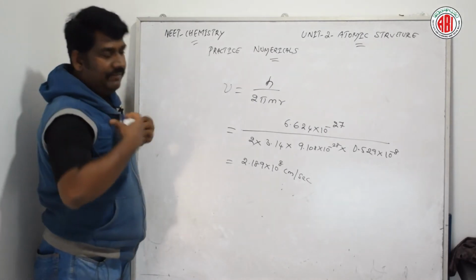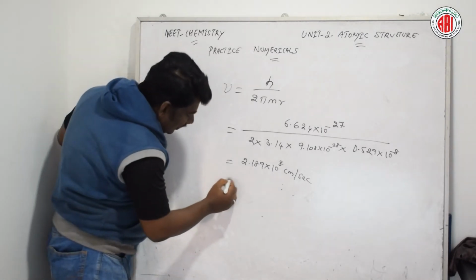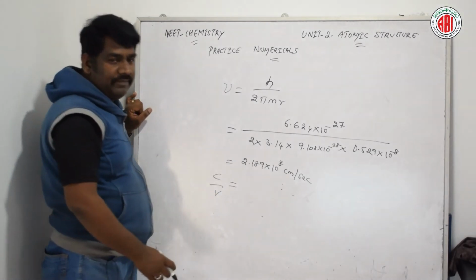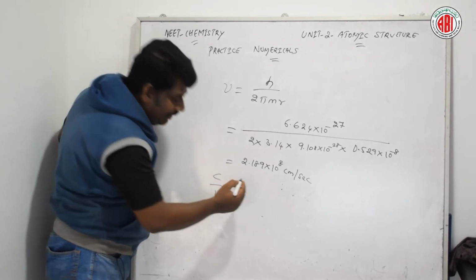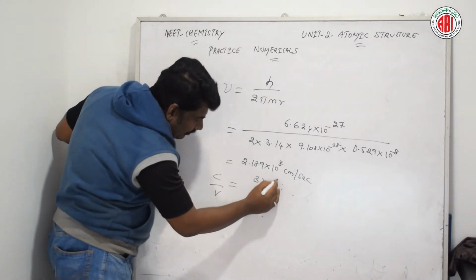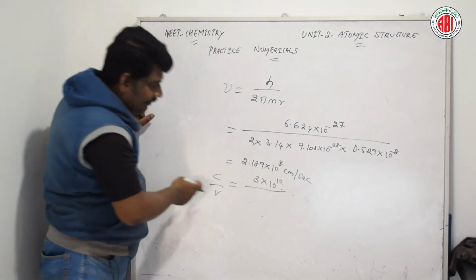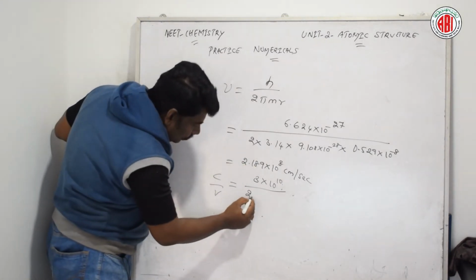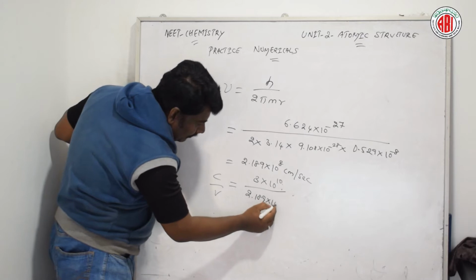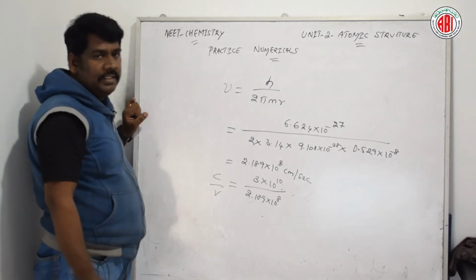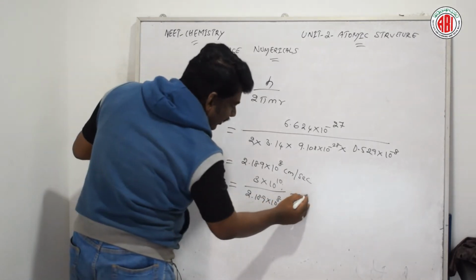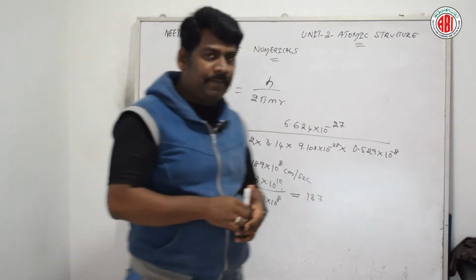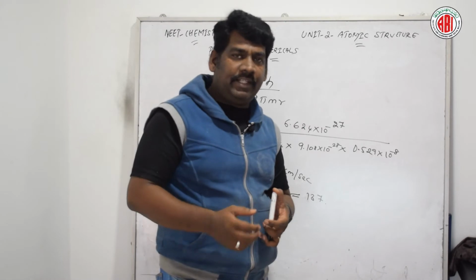Then, using the formula c by v, where c stands for the speed of light converted into centimeters, that is 3 into 10 to the power of 10, divided by the velocity we just got, 2.189 into 10 to the power of 8 centimeter per second, simplifying this we get 137. So this way we can solve this problem. Let us go for the next question.